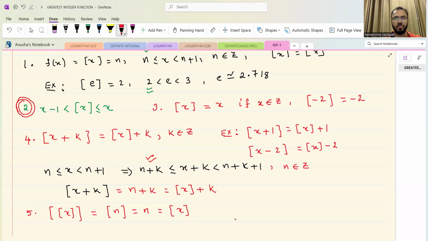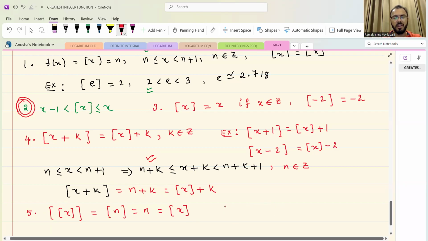Well, here I can write one example: the integral part of 2 plus the integral part of x. What is its value?